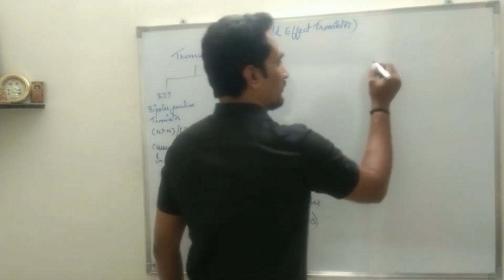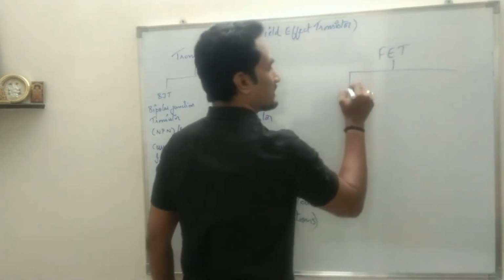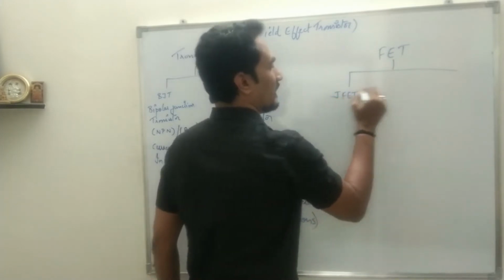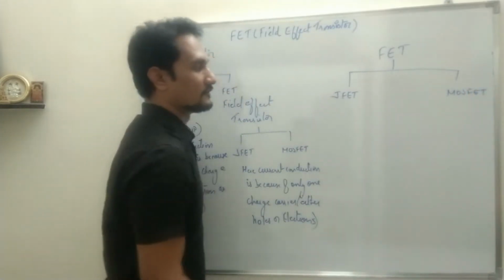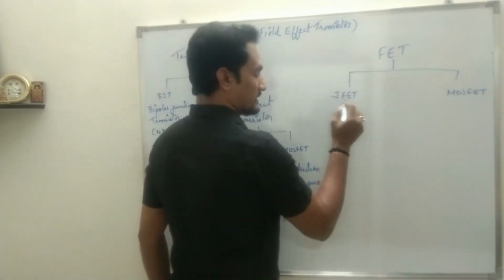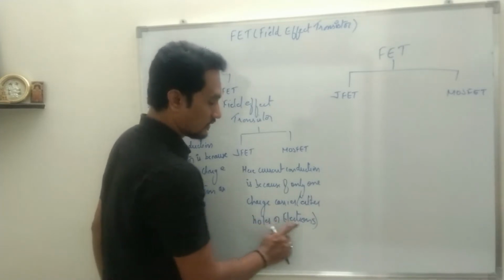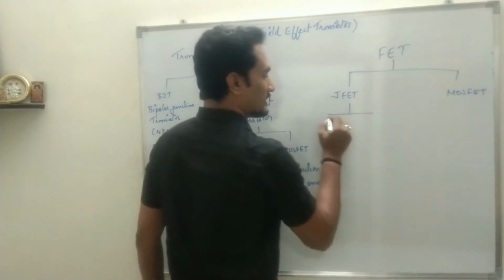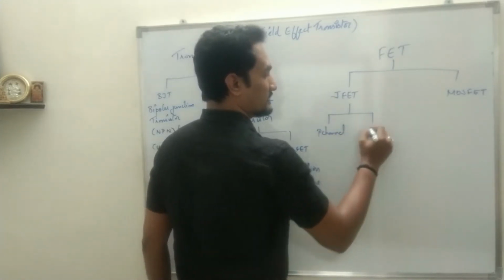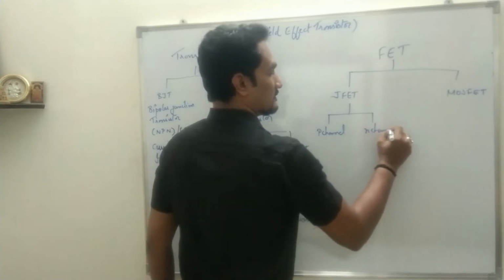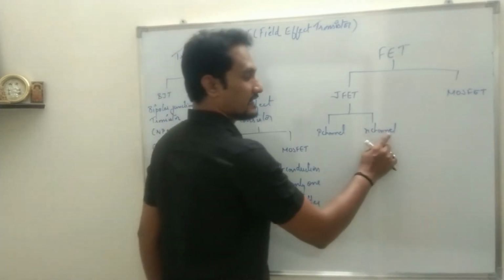Now further, when I elaborate field effect transistor, it is JFET and MOSFET, and the current conduction will be because of only one charge carrier, either holes or electrons. If the current conduction is because of holes, the type of JFET is called P channel, and if it is because of electrons, then it is called N channel.